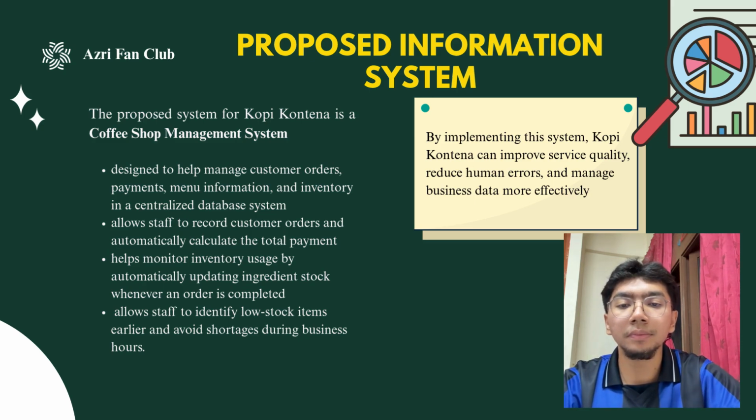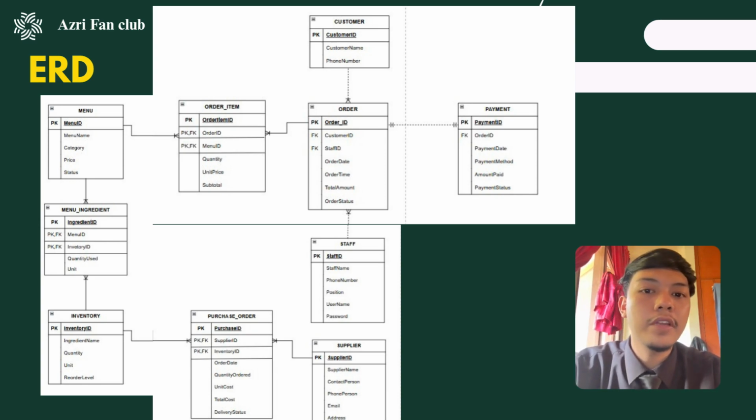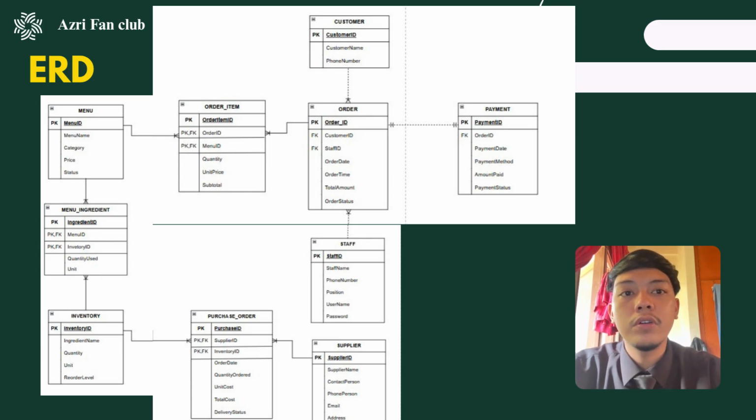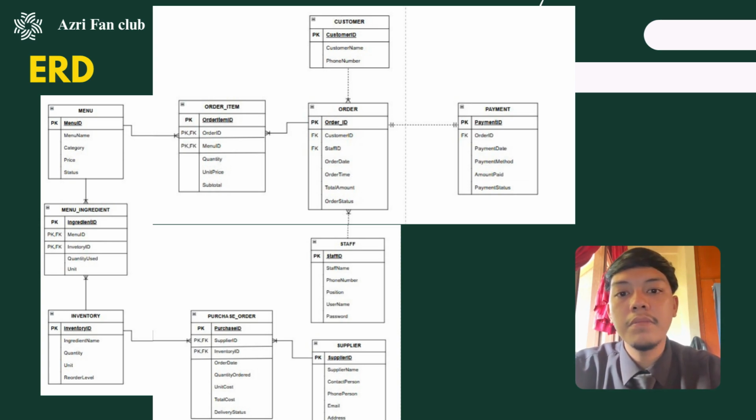Today I will explain the relationships in our entity relationship diagram, ERD, for our container management system. First, the customer table has customer ID as its primary key, and this key becomes a foreign key in the order table.